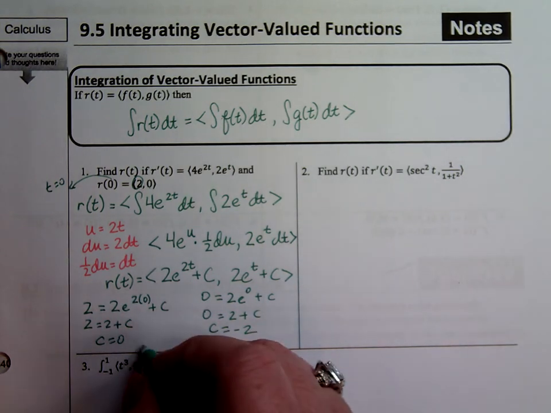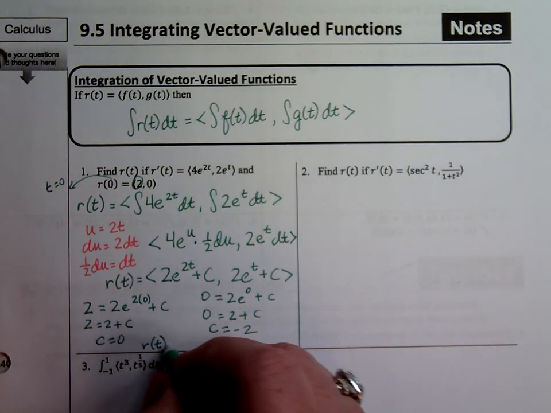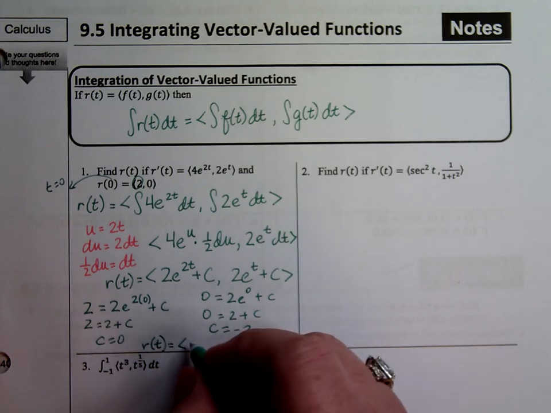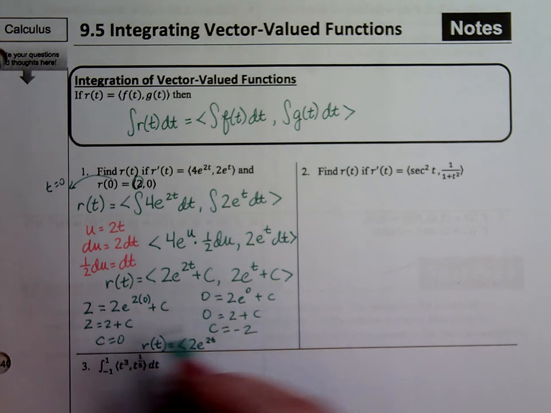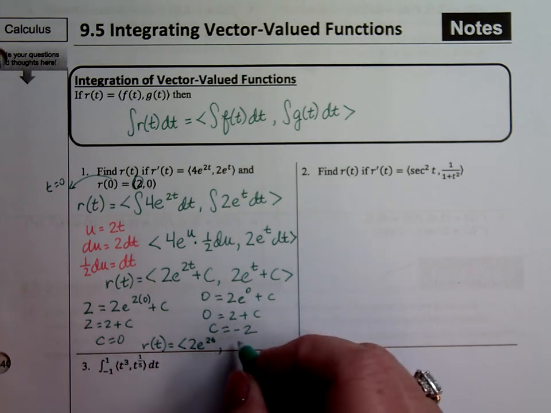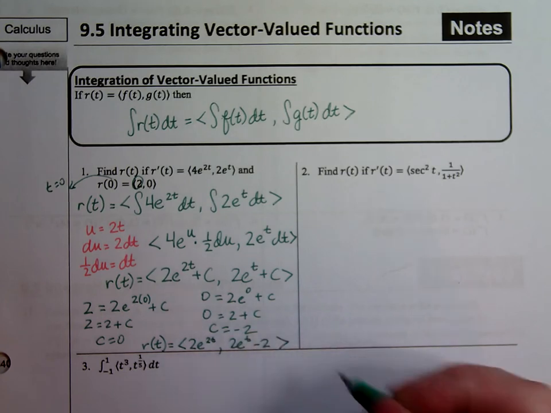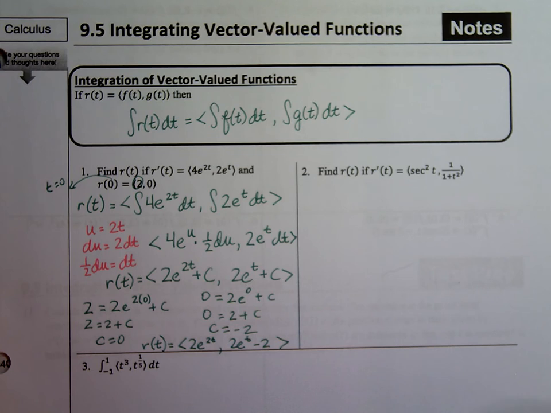I think I can squeeze it here. R of t equals the vector of 2e to the 2t plus 0, comma, 2e to the t minus 2. And that's it. So you just integrated the vector.